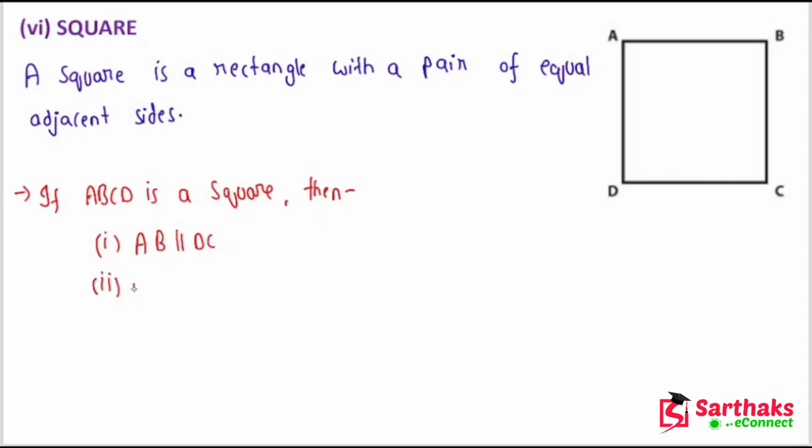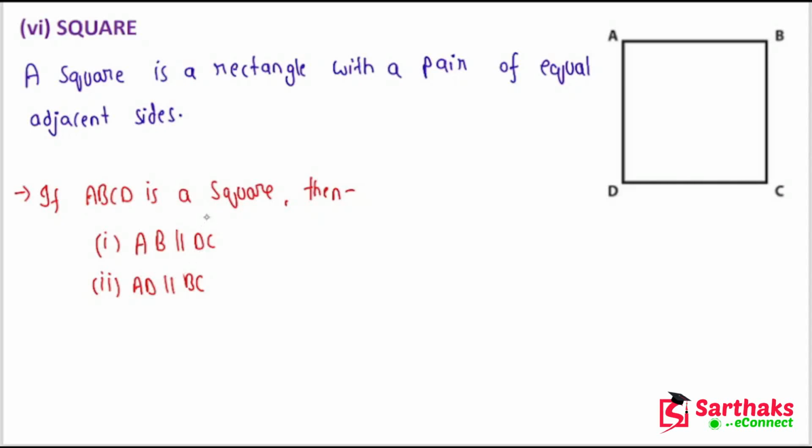Second, AD must be parallel to BC. Okay, these two pairs of sides should be parallel. So this is because a square is a rectangle and a rectangle is a parallelogram.